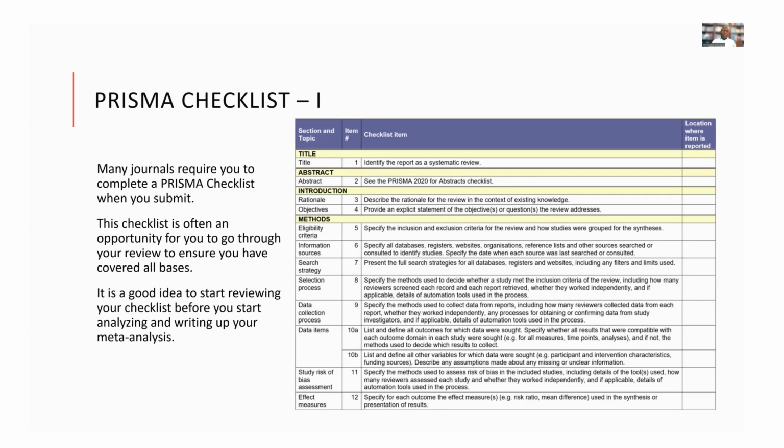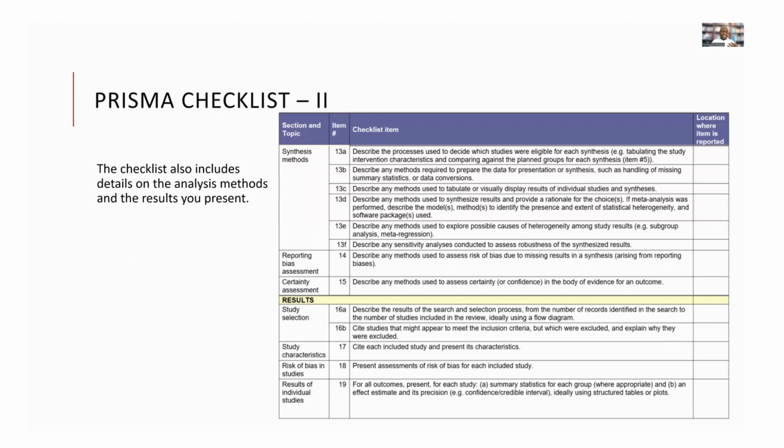So apart from the title, the abstract, the introduction, and methods, the checklist provides detailed items about what are the points that you need to report in each of those areas, in your introduction, in your abstract, in your methods, in your results, and even in your discussion.